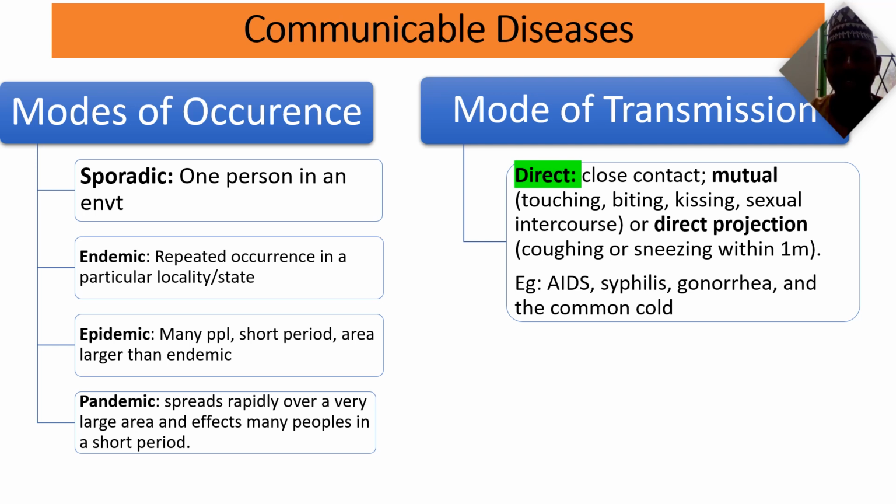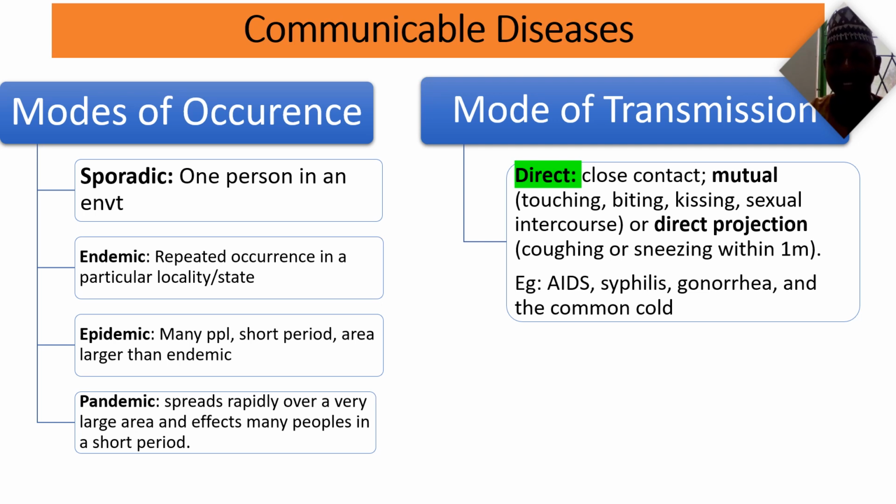Examples: touching, biting, kissing, sexual intercourse, etc. It can also occur through direct projection from an infected person to a non-infected person within just a distance of not more than 1 meter.